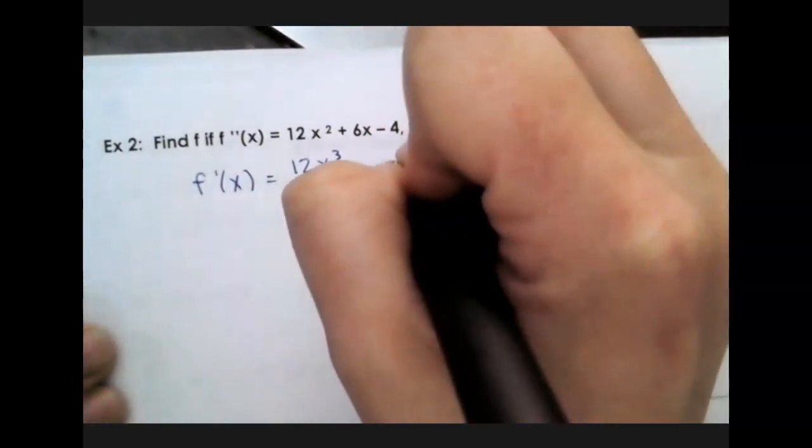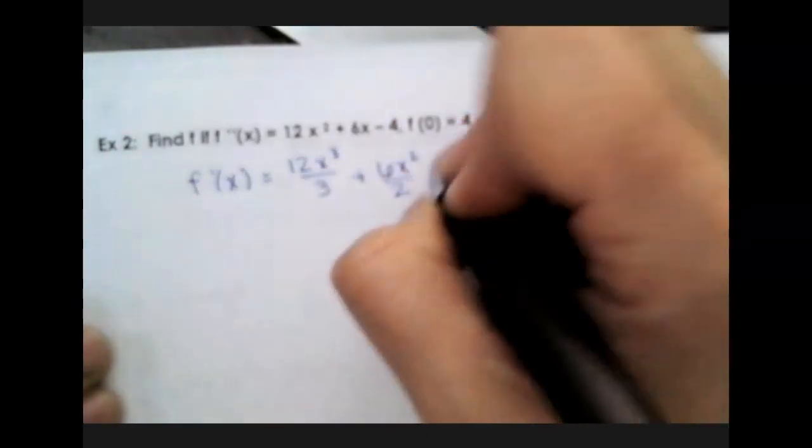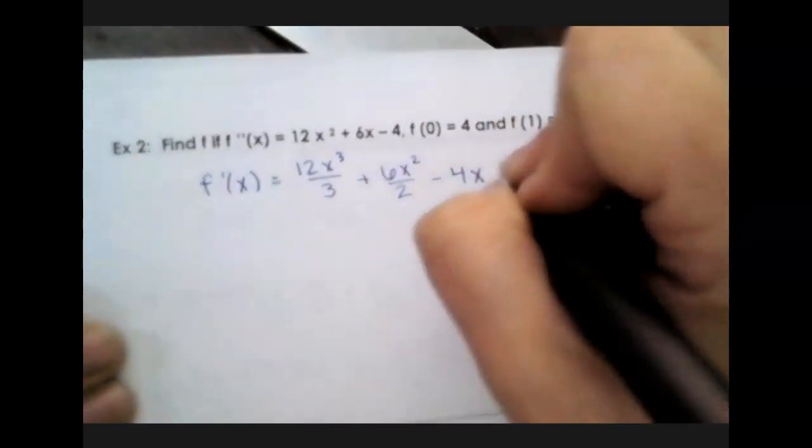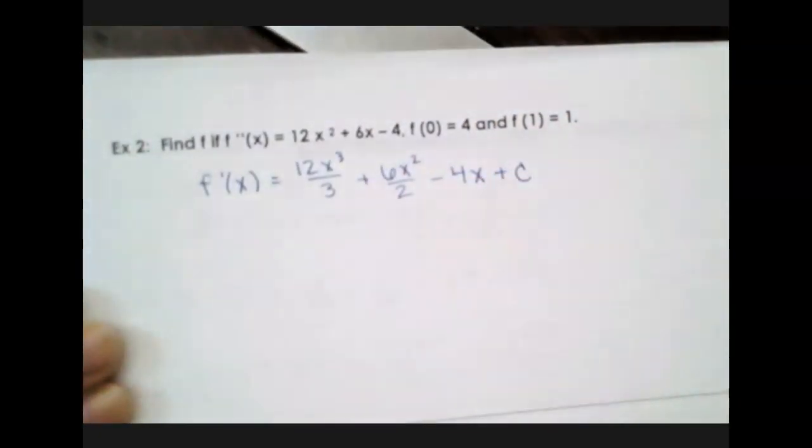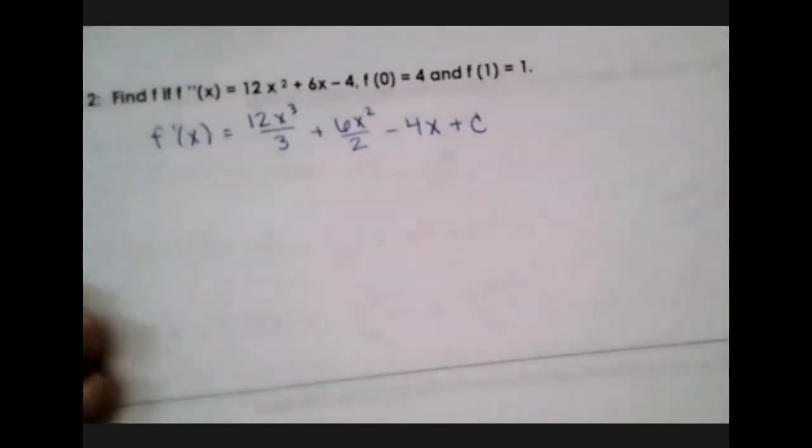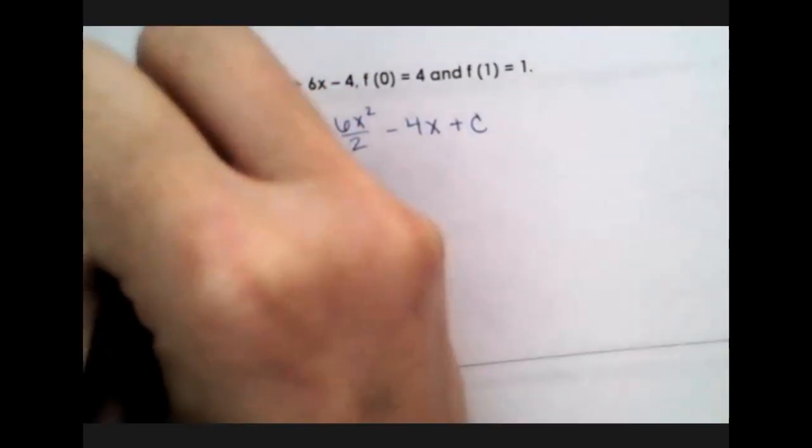So we're going to find f prime of x, which is 12x cubed over 3 plus 6x squared over 2 minus 4x plus c. And then we're going to go ahead and find f of x.